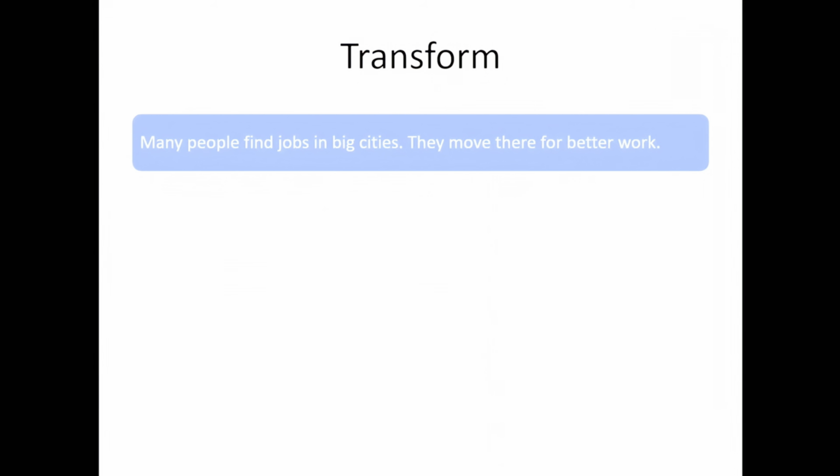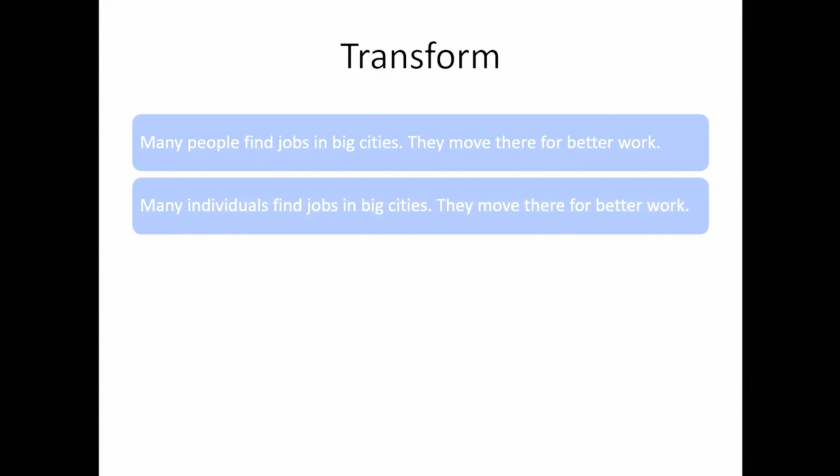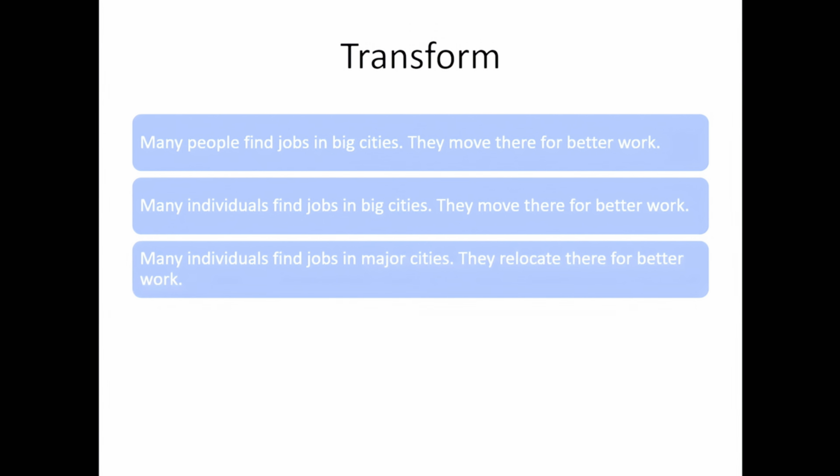Let's go. So many people find jobs in big cities. They move there for better work. So we don't want to say people. So let's go. What do we say instead of people? We change the word. So many individuals find jobs in big cities. They move there for better work. Okay. So we want to change the word big because anyone can write that word. So many individuals find jobs in major cities.